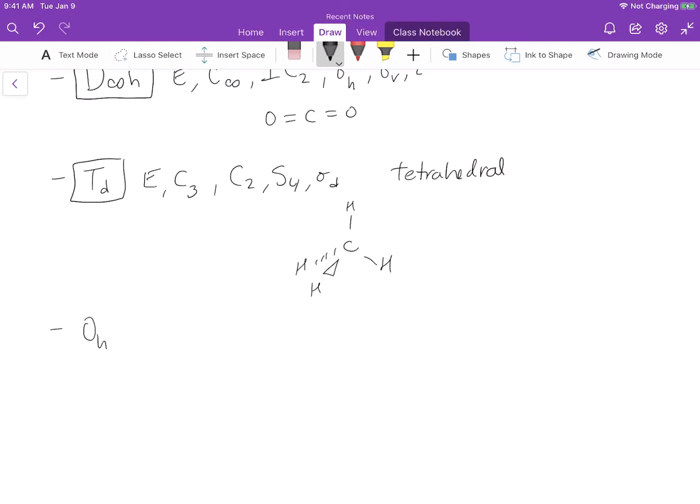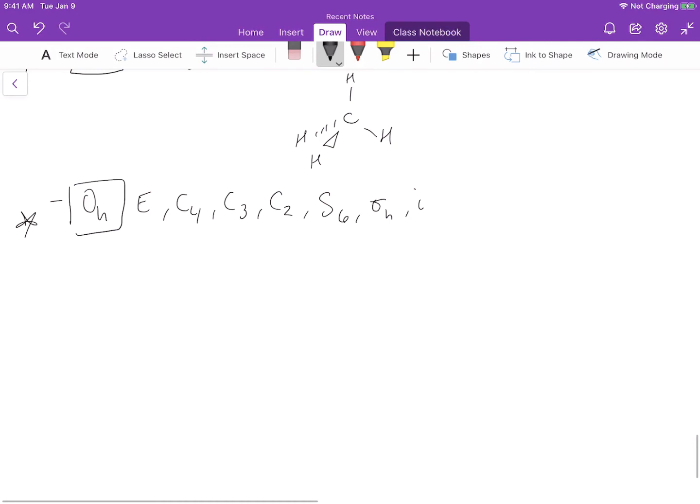And then the last one that's also, again, these are very common and very important. E, C4, C3, C2, S6, sigma H, and I. This is our octahedral. Again, from VSEPR, become comfortable just identifying octahedrals as is.